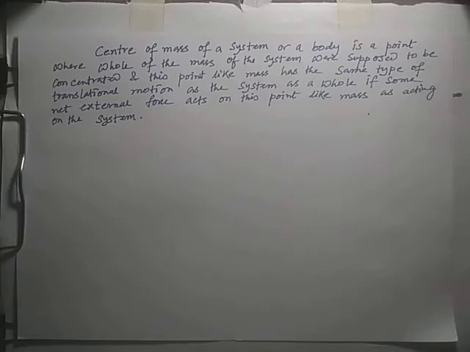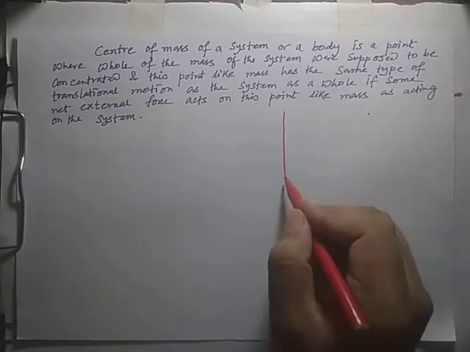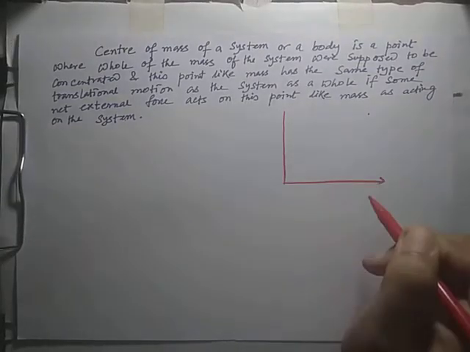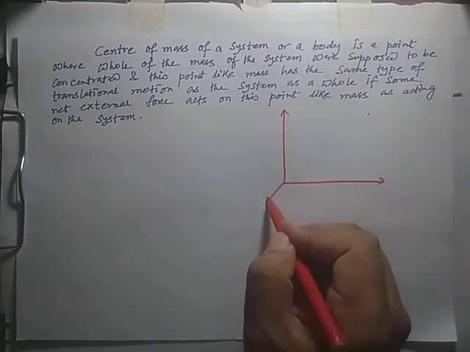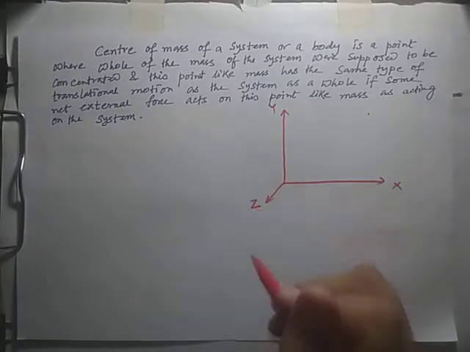Now we will derive an expression for the position of the center of mass of a two-particle system. For that we will draw. This is your x-axis, y and z axis.